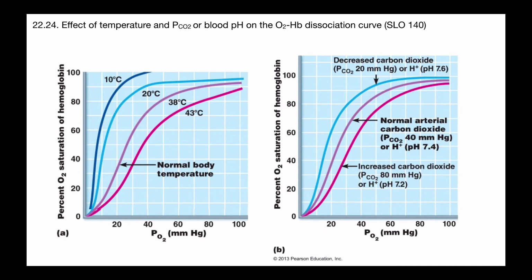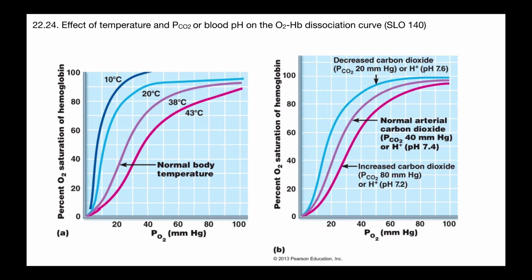Okay, now let's compare that with carbon dioxide. Your normal PCO2 is around 40 millimeters of mercury, so we can talk oftentimes about PCO2 and the pH of the blood as being more or less interchangeable, for reasons I'll explain. Your blood is slightly on the basic side.